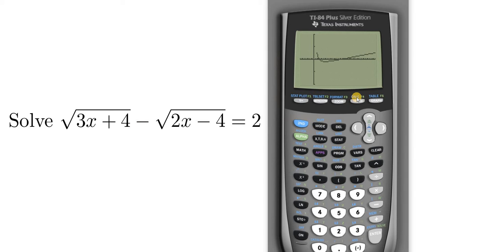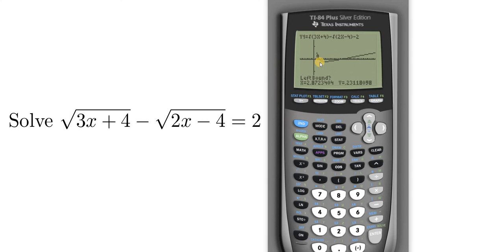To find the solution, we're going to use the Calc menu. So I'm going to hit second, trace. You have to hit second first because it's a blue key. And we're going to go to where it says 0. All right, let's find the one over here on the left first. It says left bound. That means our cursor needs to be to the left of the x-intercept.